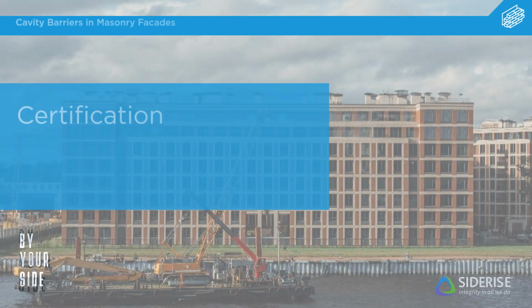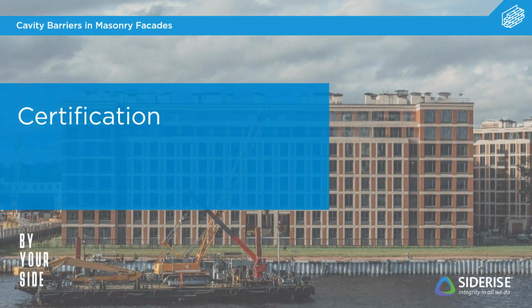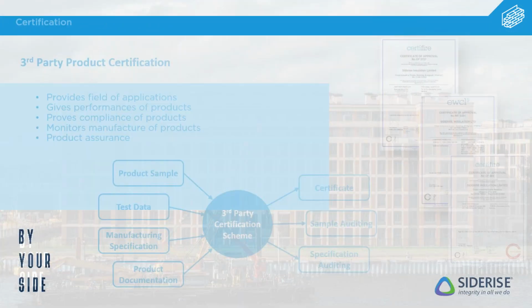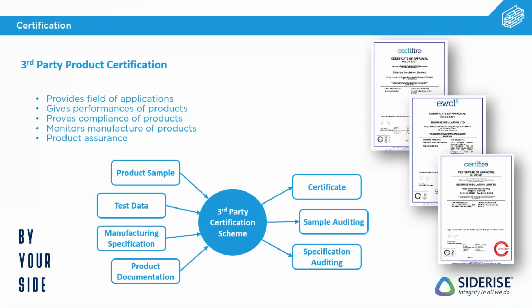Now, what all this test data leads to is, once as a manufacturer you've tested your products, you can then go for third-party product certification. And third-party product certification is essentially a way of policing and monitoring test data.